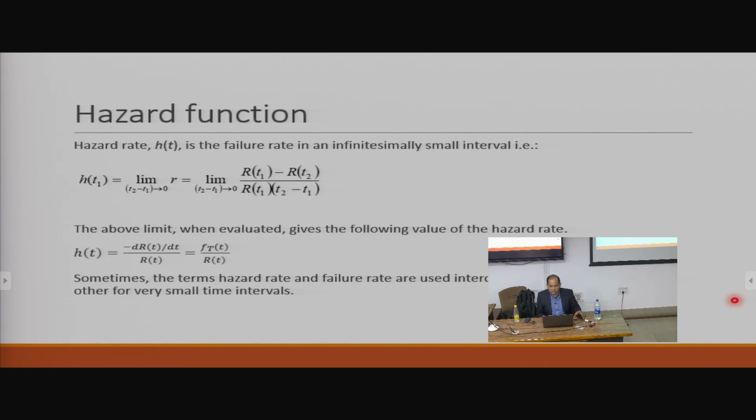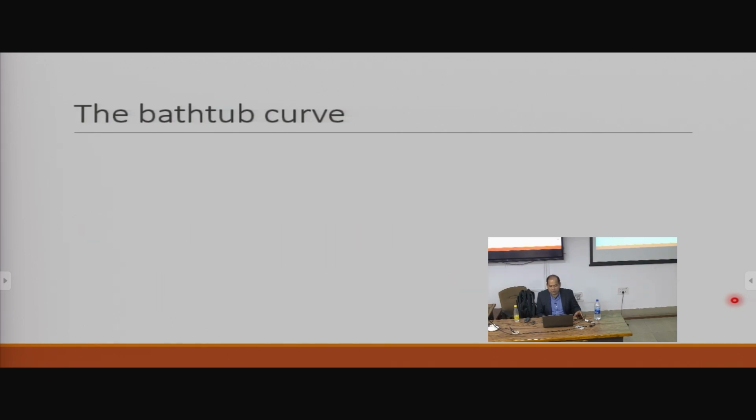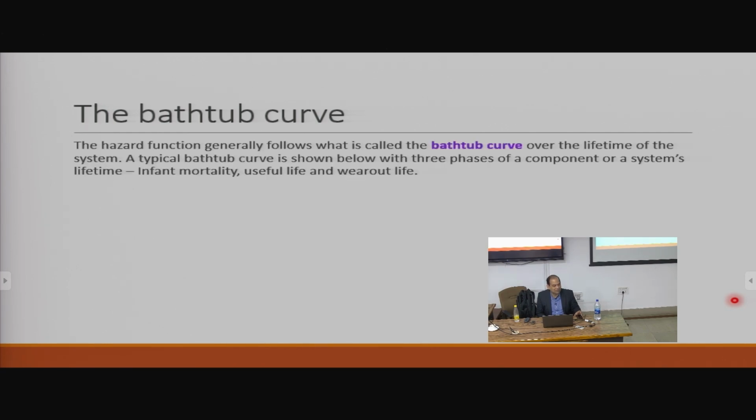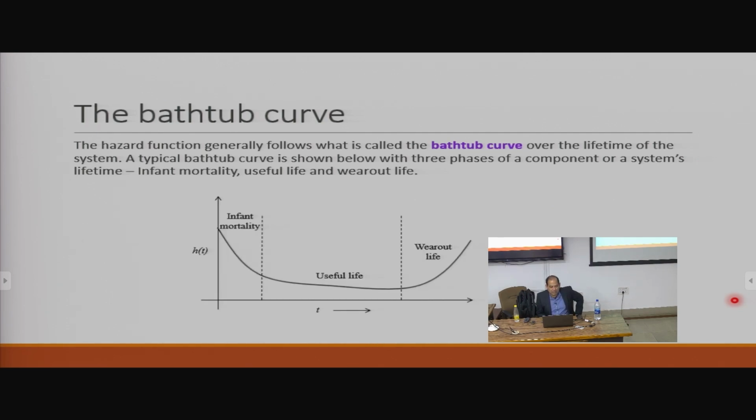This leads us to our next idea, which is the bathtub curve. Have you all heard of the bathtub curve? Yes? Infant mortality rate, yeah. A typical bathtub curve looks like the cross section of a bathtub, hence the name.